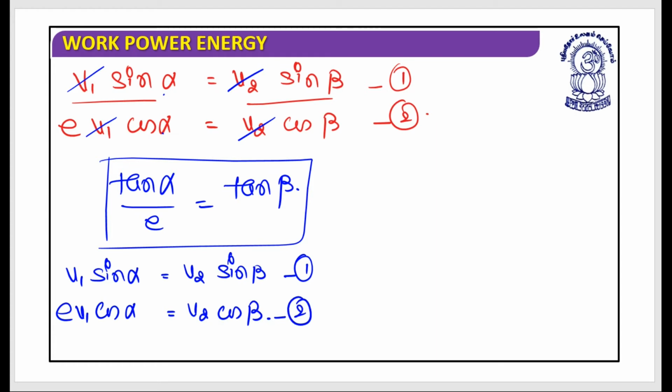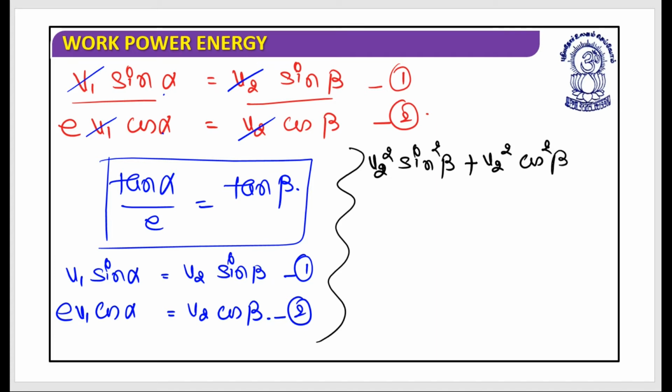If I square and add them, it could be written as v2 square sin square beta plus v2 square cos square beta equals v1 square sin square alpha plus e square v1 square cos square alpha.